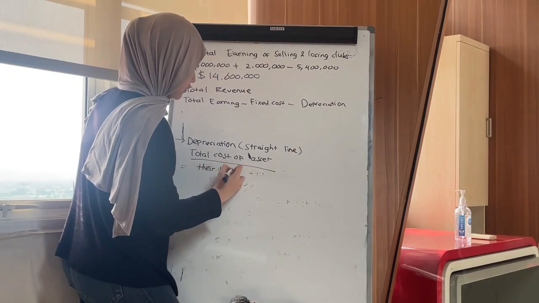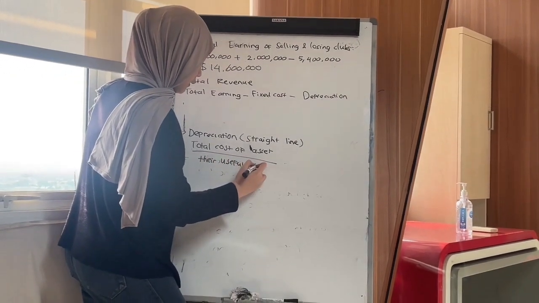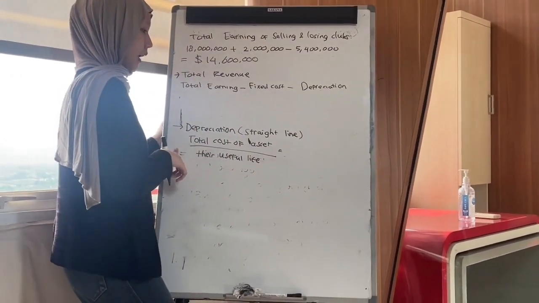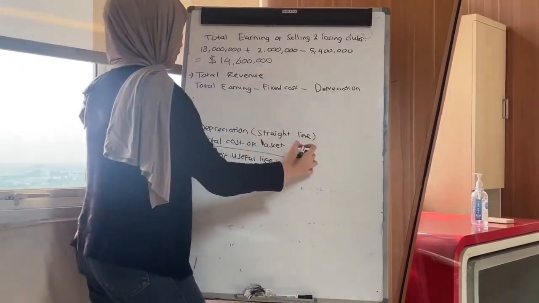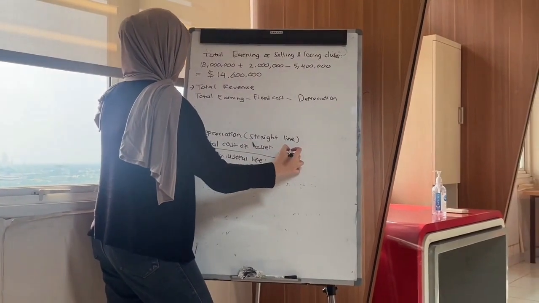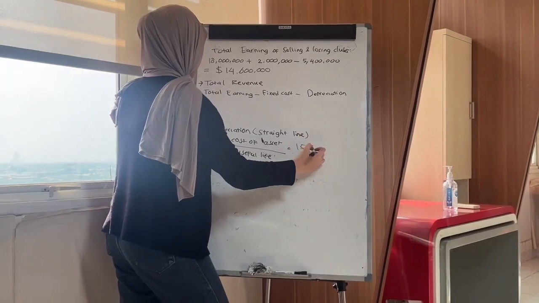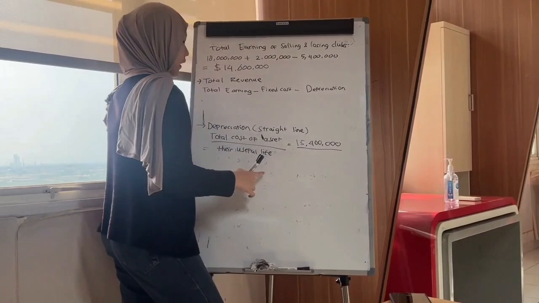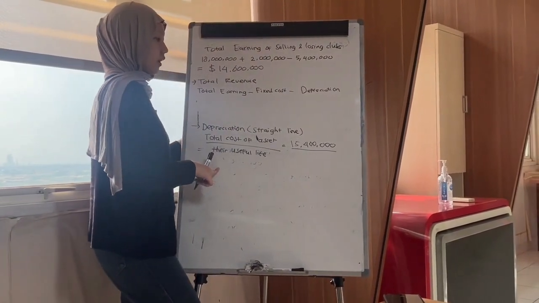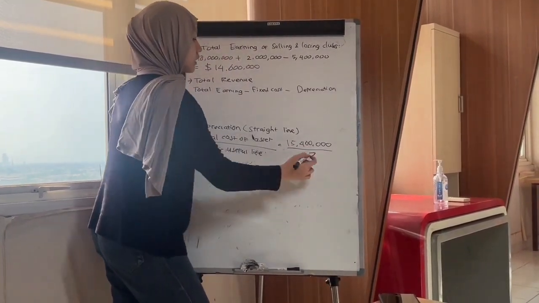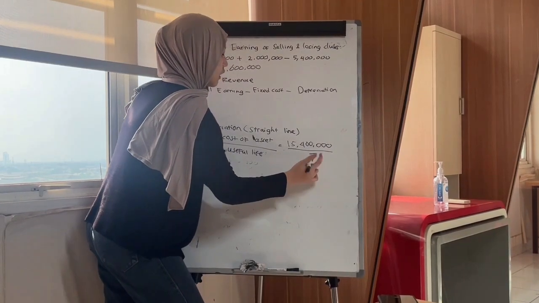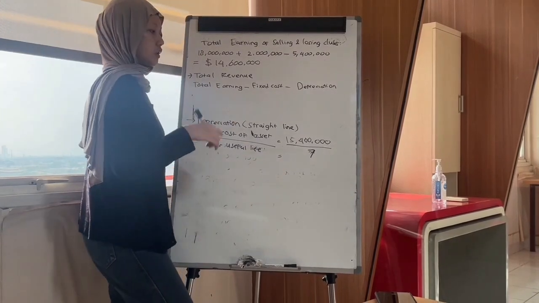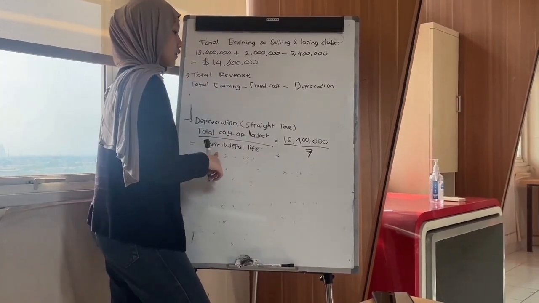The asset useful life. For the asset, the company only has the plant and equipment asset, which is $15,400,000 divided by its useful life of 7 years, because in the case study we were told that the project duration is 7 years, so the useful life is also 7 years.